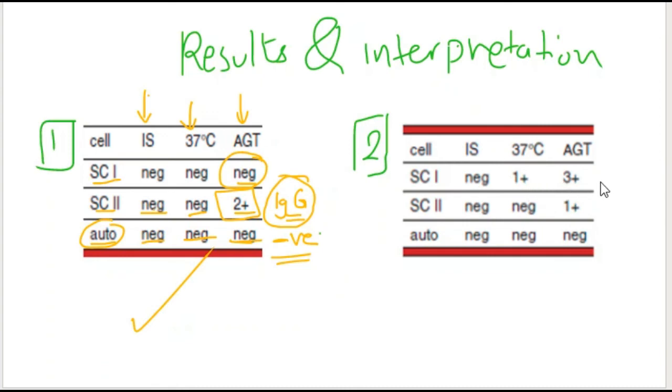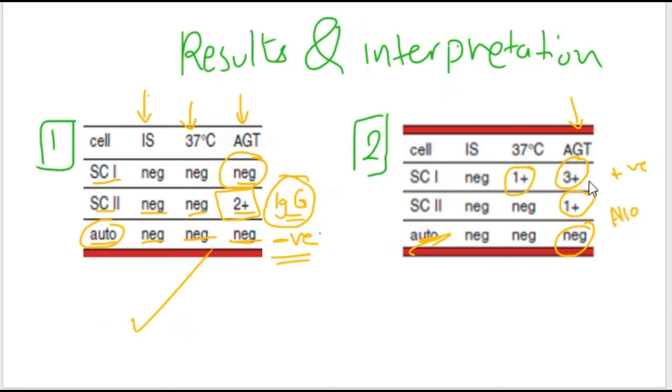Another example. So here cell 1 is positive, the reactivity at two phases, the 37 and indirect phase, and cell 2 is again positive here, and the autologous control is negative. So first thing from the autologous control, we can immediately determine this is not auto antibody, so it's an allo antibody.